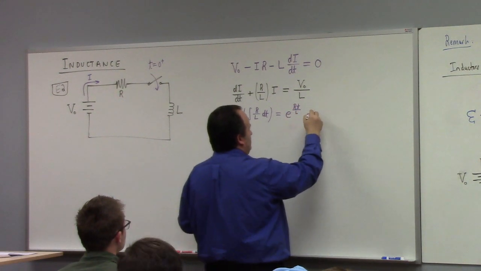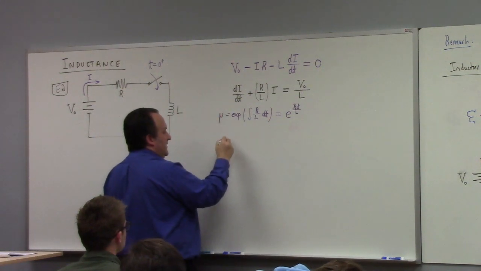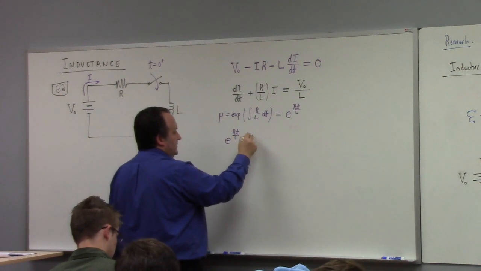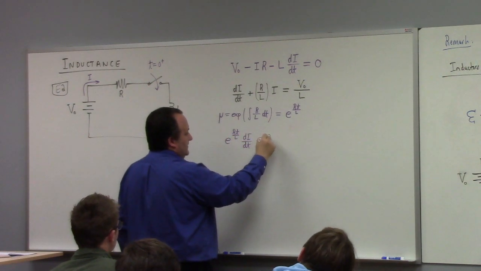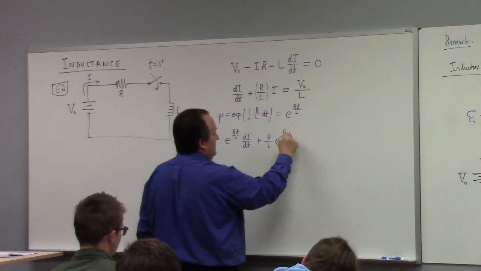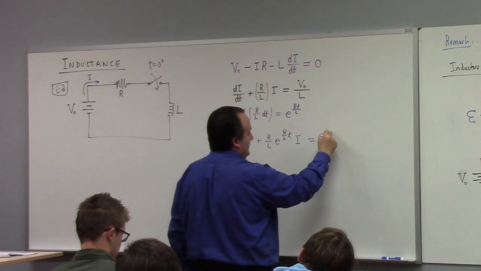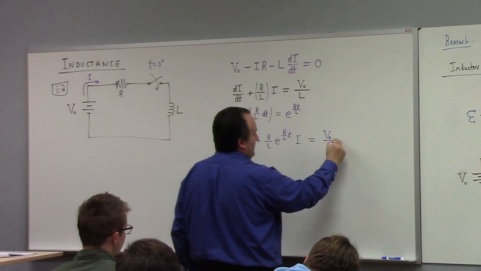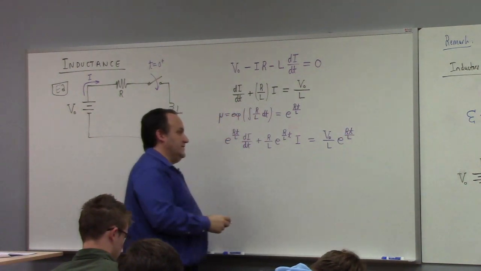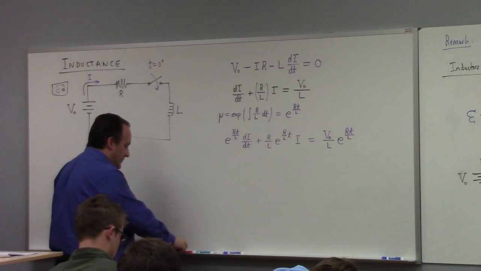Great. So multiply the given differential equation by that. We've got e to the RT over L times di dt plus R over L, e to the R over L times t times I is equal to V naught over L times e to the RT over L. If the integrating factor works, we should have the reverse product rule at this point.